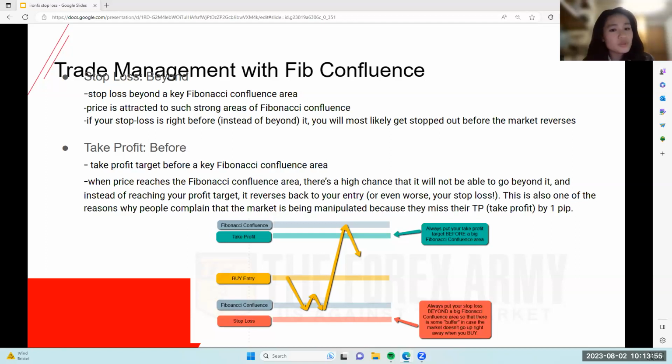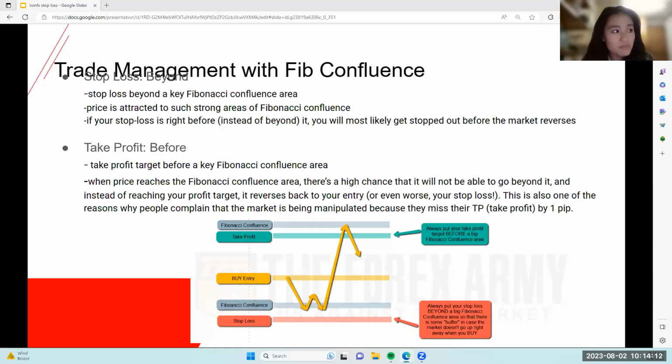So this is one of the most common reasons why people wonder why they got stopped out right when the market starts to reverse. If we talk about take profit, we mentioned earlier we place it before a key Fibonacci confluence area or major resistance area.